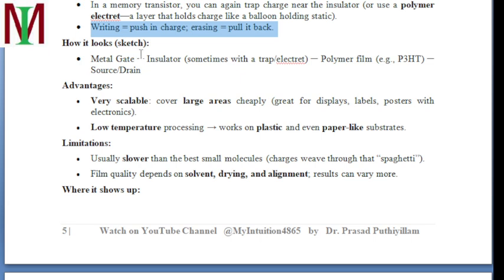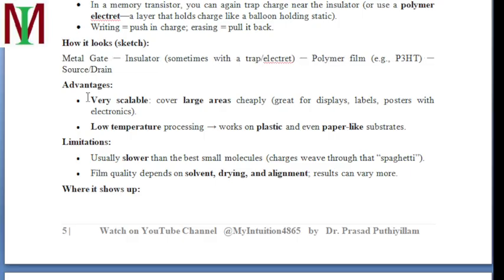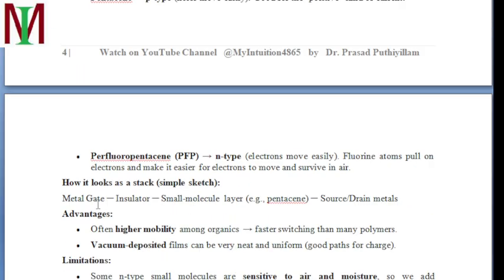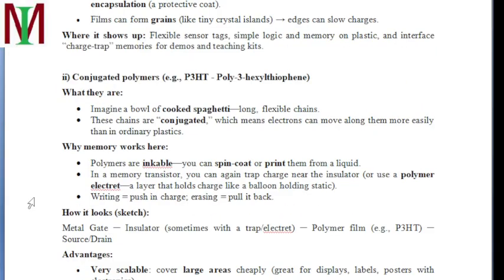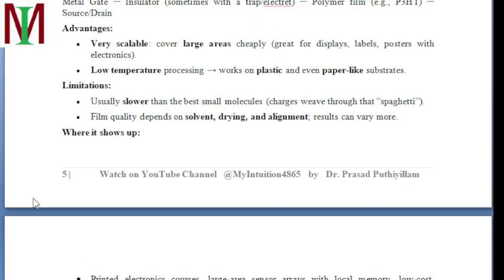Now, how it looks: again the schematic representation is given, metal gate, insulator, polymer film, and source and drain. Similarly, small molecules look the same way. Now the advantages of conjugated polymers as a semiconductor: they are very scalable, they cover large areas, therefore it is great for displays, labels, and posters with electronics.